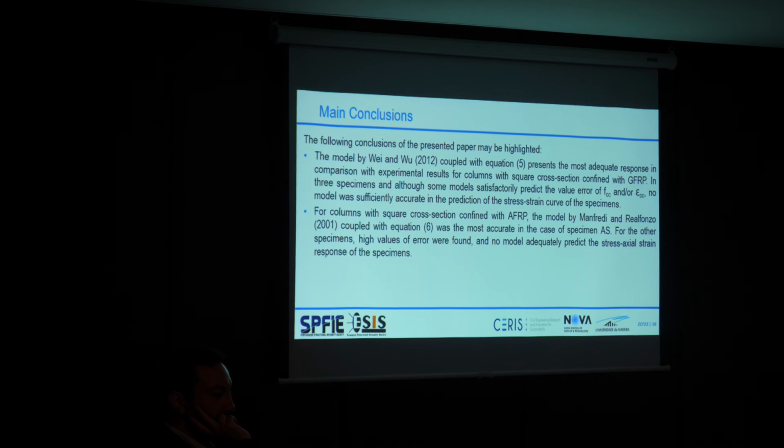For columns with square cross section confined with AFRP, only the specimen AS shows good, accurate results, and for the other specimens, high values of error were found. Therefore, the models coupled with the equations that we tested didn't provide good results.